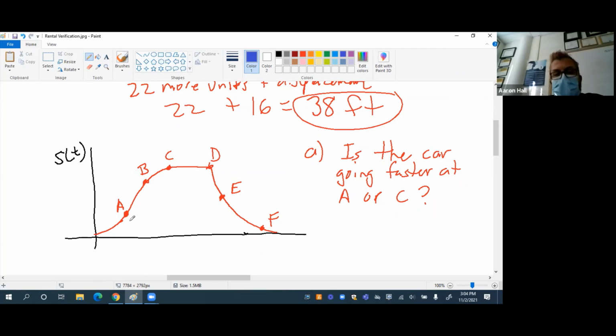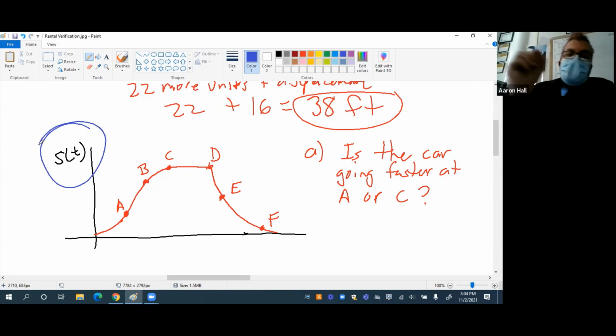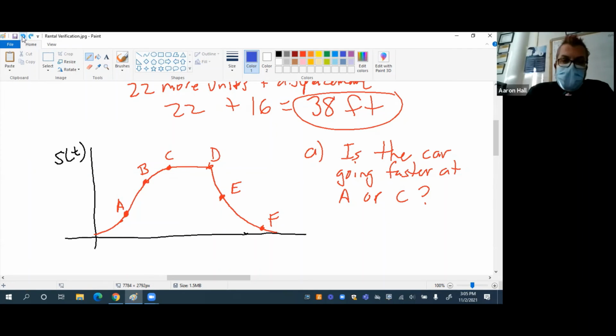Is the car going faster at A or C? You're right, the slope is a lot steeper there. This is our position function, and the velocity of a position function is our slope. Our slope here is a lot steeper. You could say it's maybe here, but A is a lot steeper. And so the answer is A, because the slope is steeper.